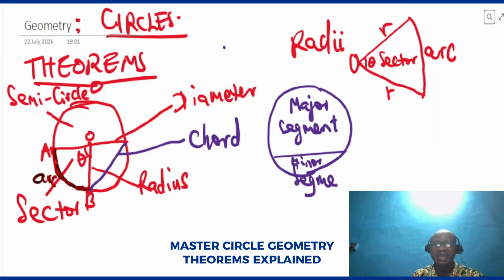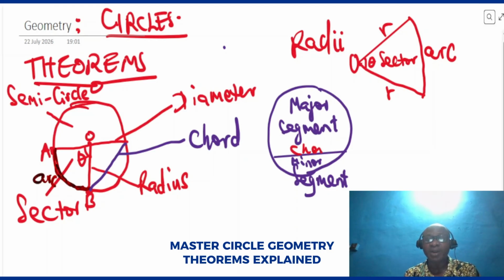So what is a segment? A segment is a part of a circle formed by a chord. A chord is a straight line passing through a circle, but not from the center. Once it is from the center, the line no longer becomes a chord, but is called a diameter.